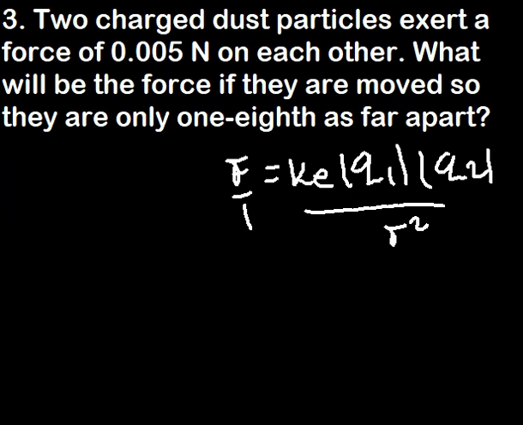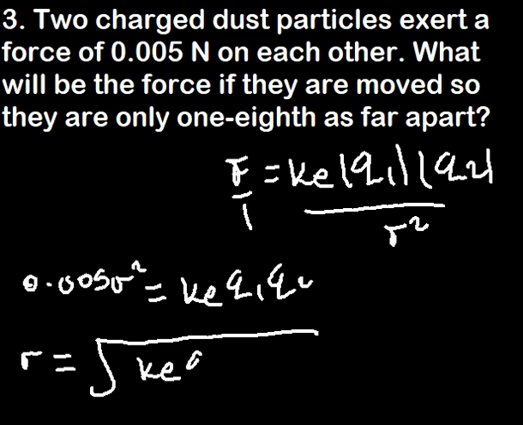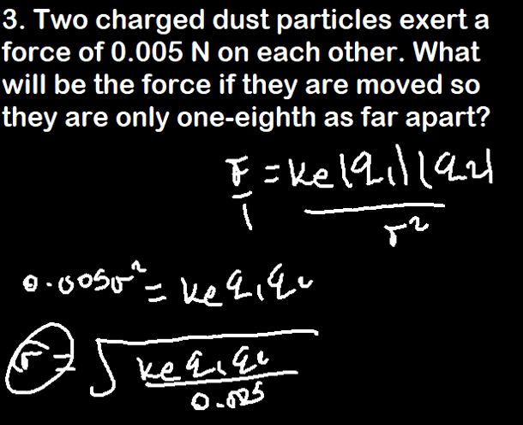That will be 0.005 R squared, which is equal to KE times charge 1 times charge 2. Then R will be given as the square root of KE Q1 Q2 divided by 0.005. So this is the separation distance you should have.